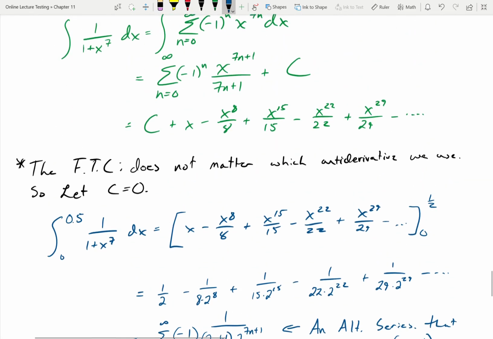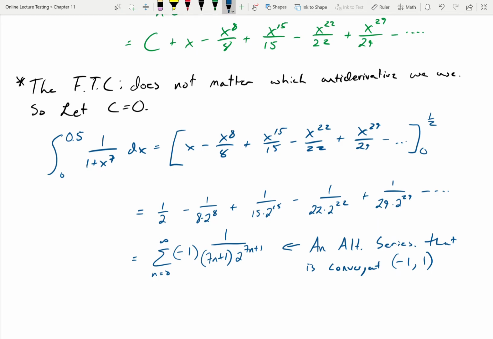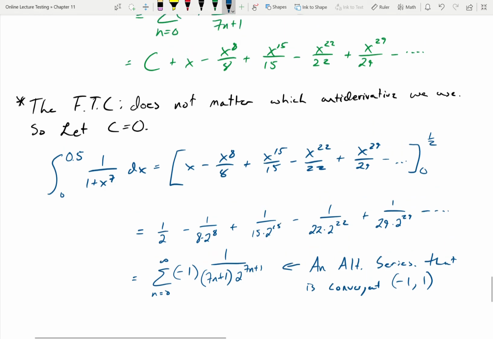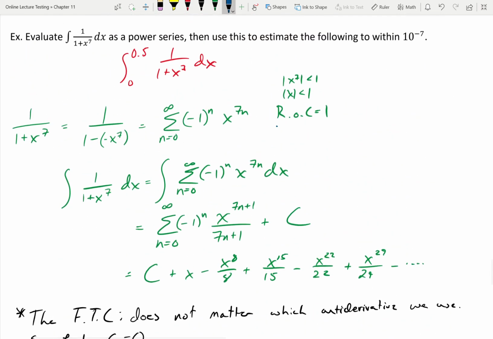I don't care about the endpoints, because I'm only evaluating from 0 to 1/2, so I'm inside this interval and not going to the endpoints. The reason is that previously we said the radius of convergence was equal to 1, and we set it up as absolute value of x less than 1.